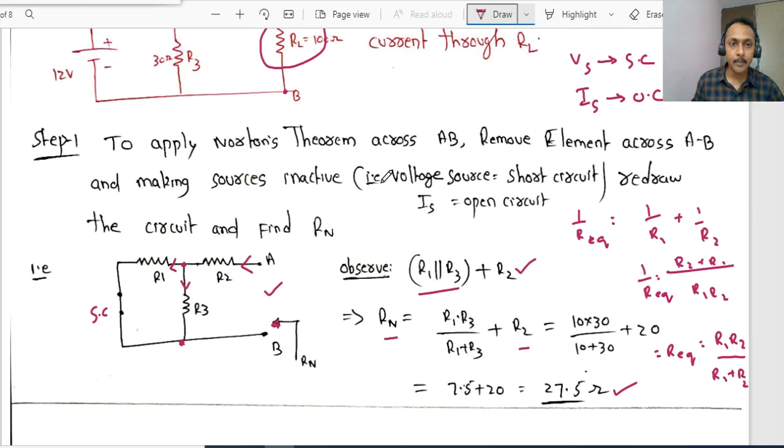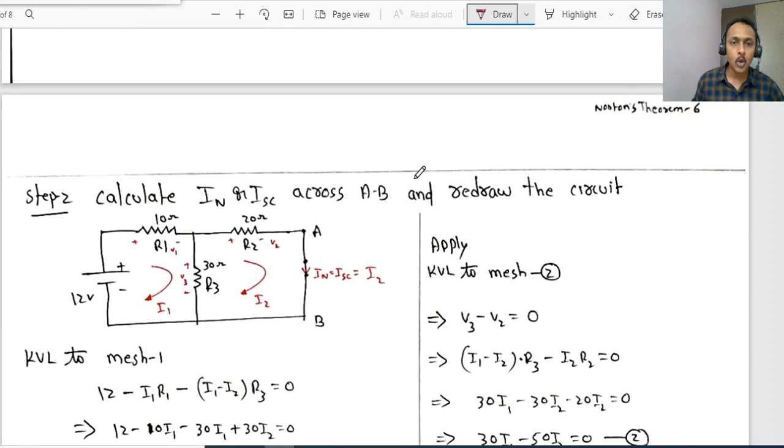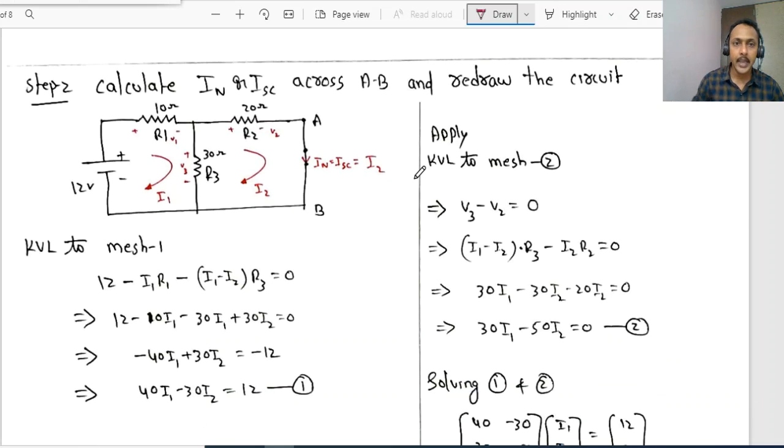What is our next step? To calculate the short circuit current or Norton's current across where? Across AB, right? That is the reason the resistor across A and B is removed. Now this AB is short circuited. Our target is to calculate current through AB. Let me apply the mesh analysis, right?